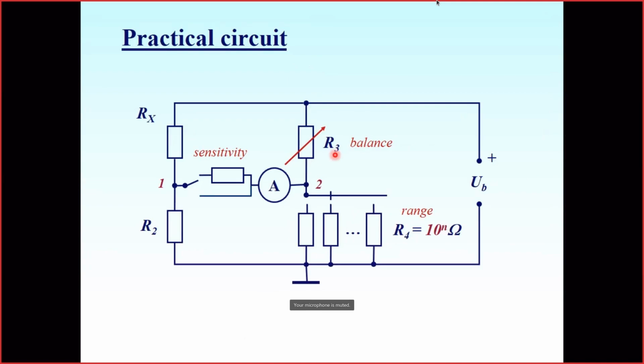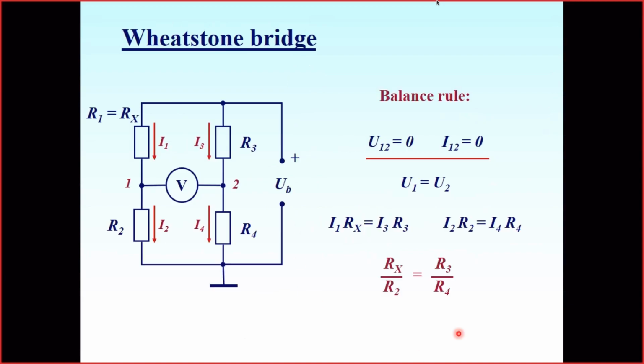What to do? We may actually use the possibility to scale the measurement with a bridge. We discussed this example when Rx equals R3, where both resistances R2 and R4 are equal. If I look at this equation, I easily understand that Rx is equal to R3 times R2 divided by R4.